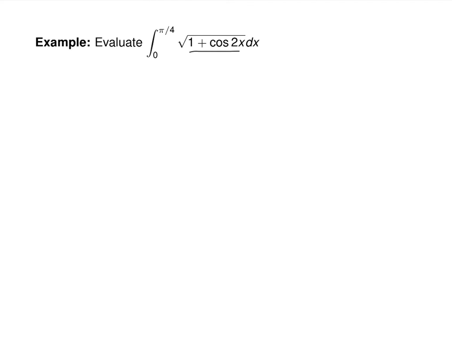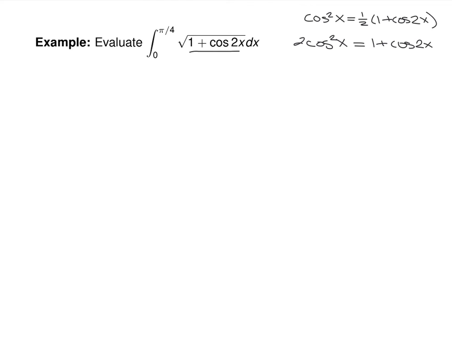So you're thinking to yourself, well, cosine squared of x is 1/2 times 1 plus cosine of 2x, right? And you don't have the half, you have the whole, so you could solve for that by multiplying by 2. So 2 cosine squared x is 1 plus cosine of 2x.